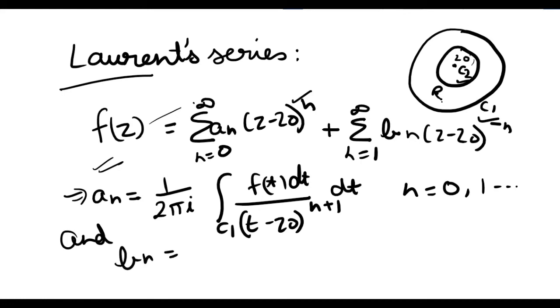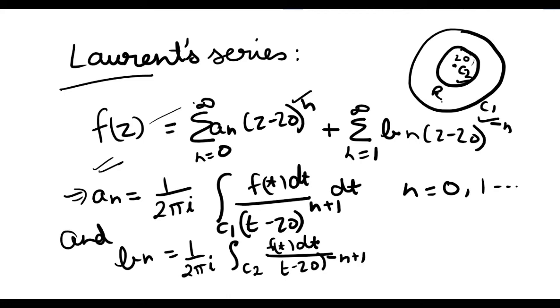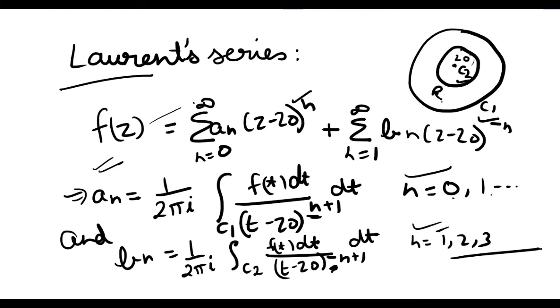And b_n is defined as 1 upon 2 pi i integration, here region is C2, f(t) dt upon (t minus z naught) to the power minus n plus 1, where n is equal to 1, 2, 3 and so on. So here you can see this n is of positive sign and here a negative sign is present, and obviously here n starts from 0 and here from 1.